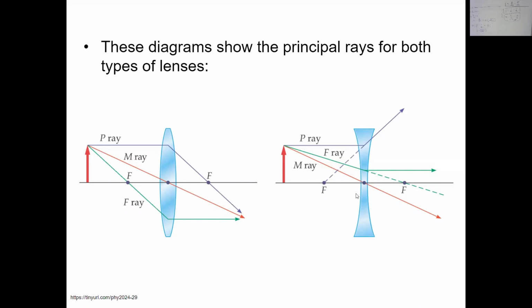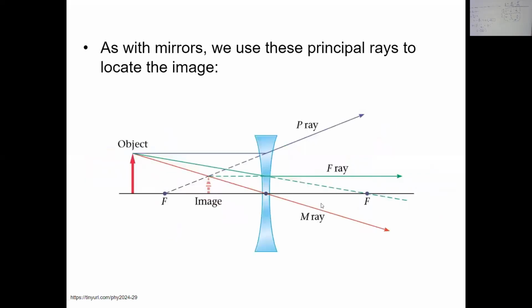For concave lenses, you will have parallel rays hit this and then refract as if coming from the focal point. The focal ray will hit the lens and then refract parallel to the center axis. The midpoint ray will go right through. So in this case, you can see that convex lenses converge rays, and concave lenses diverge rays.